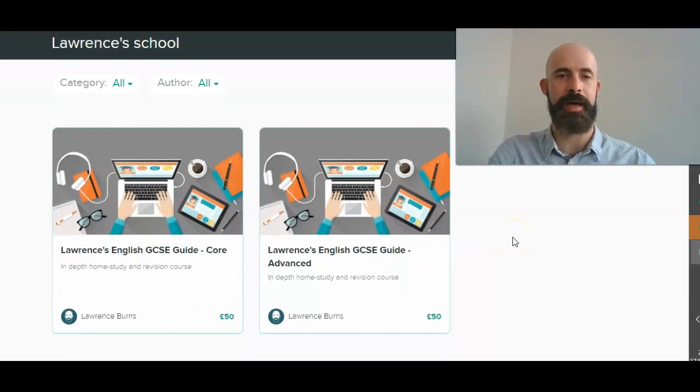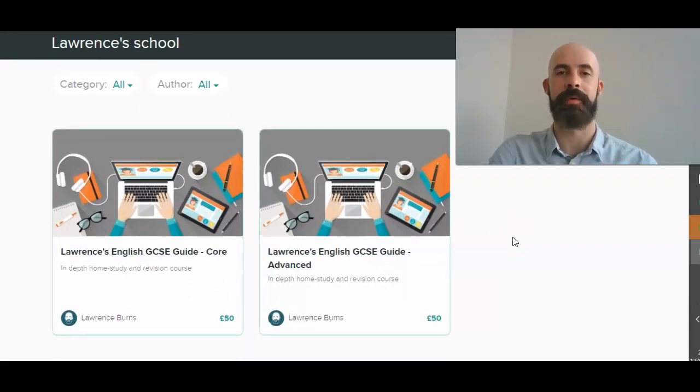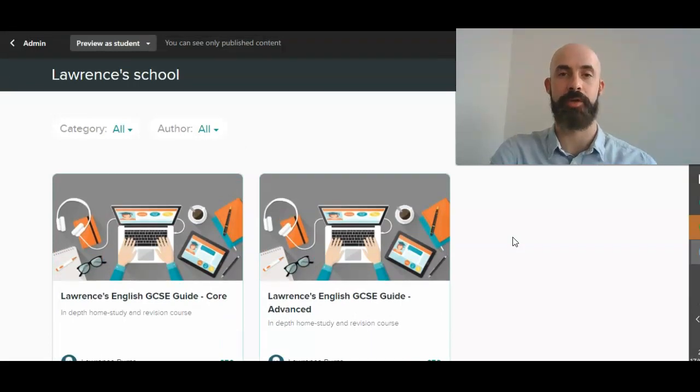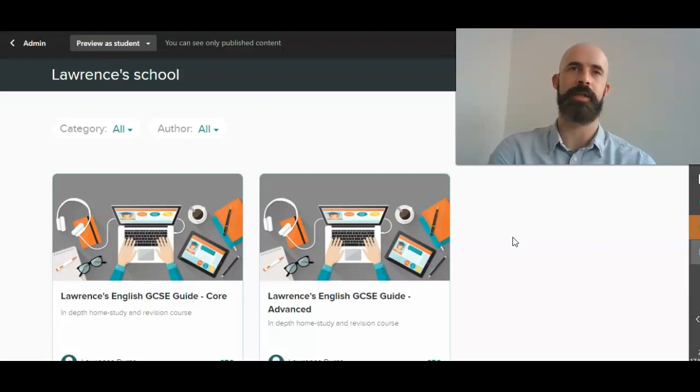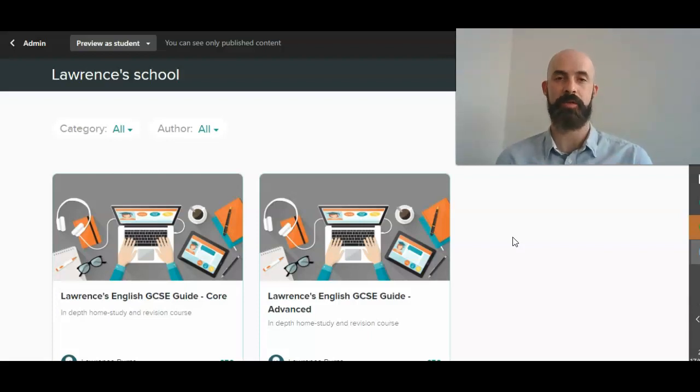You can see the price there of both courses. I think, very affordable, given just how much content there is and how much you can really get out of this. I was looking quite recently at what the life outcome differentials are between, let's say, getting a pass grade and failing the English language GCSE.